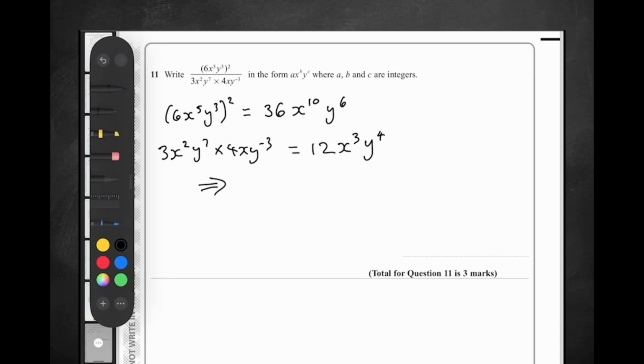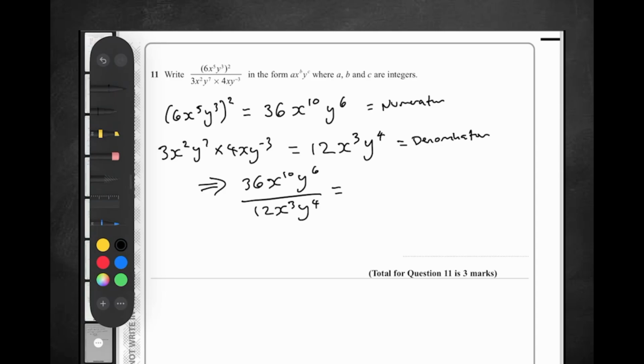Therefore, 36x to the 10 y to the 6 over 12x cubed y to the 4 is our new equation. I'm actually just going to write here numerator, denominator, just to show the examiner that I fully know what I'm doing, not getting muddled up myself.